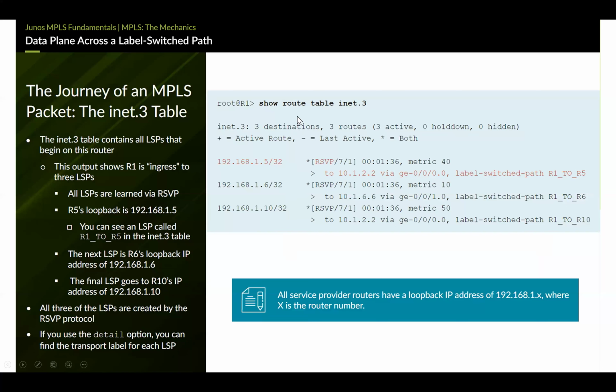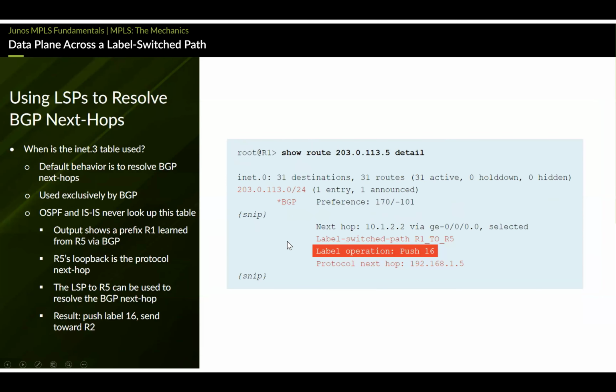Here we basically discuss the inet.3 table. The inet.3 table is the MPLS routing table, and your packet or label travels based on this table.